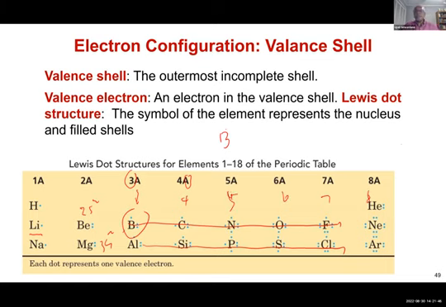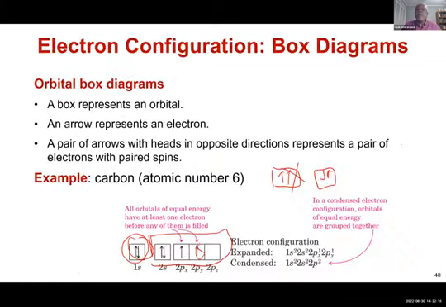So for these 8 groups in the periodic table with group labels with A, the number of valence electrons is directly the number in front of A. Okay, let me show you that quickly.